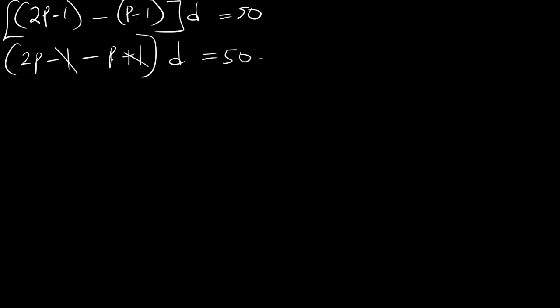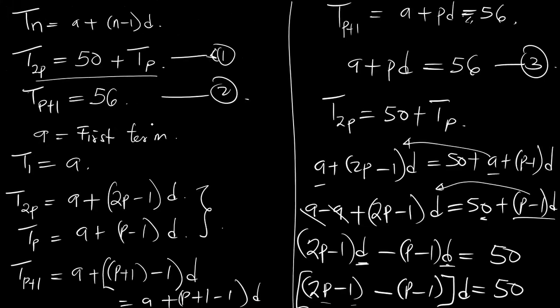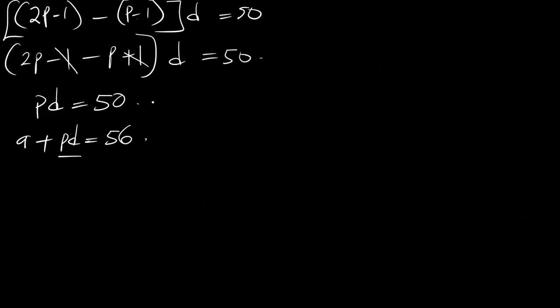Then 2p minus p will be p, so p times d, which is pd equal to 50. Now we have gotten pd equal to 50, and we have a plus pd is equal to 56. Let me call this equation 4.